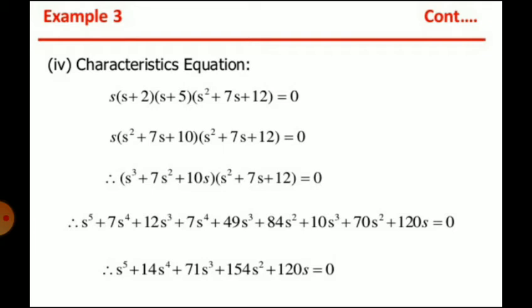After simplifying, you will get s raised to 5 plus 14s raised to 4 plus 71s raised to 3 plus 154s square plus 120s equals 0. You have to bring the equation into this form. So this is the characteristic equation.